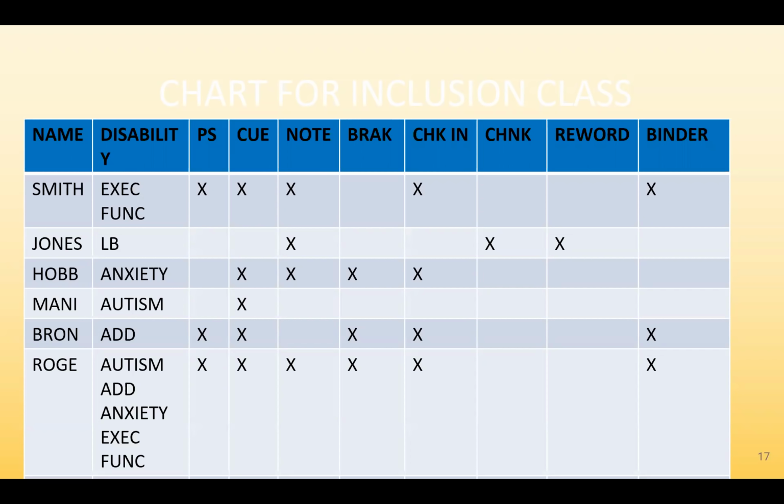So you can come up with your own abbreviations based on the accommodations or modifications that are on the student's IEP. It's a handy way of working with the students when you have a number of kids who have disabilities in your classroom. The other thing that's nice is if you notice that a student never takes a sensory break in class, there's room at the bottom of the chart for you to make a note of it.